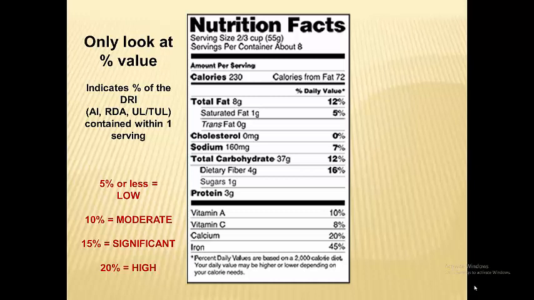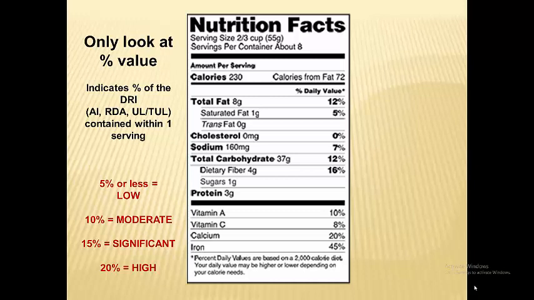So you can look at the top and you can see what is a serving. Remember, that doesn't mean what you should serve yourself. It just means the unit of measure to which this information applies. So whatever this is, if you were to consume 2/3 of a cup of it, you would get these percentages of the daily reference intakes.